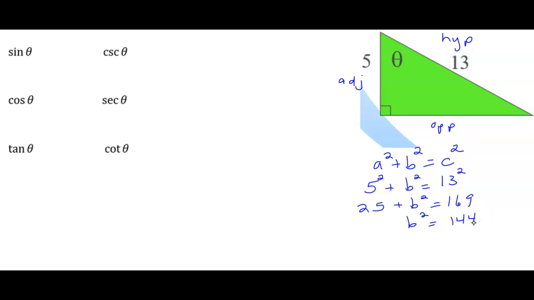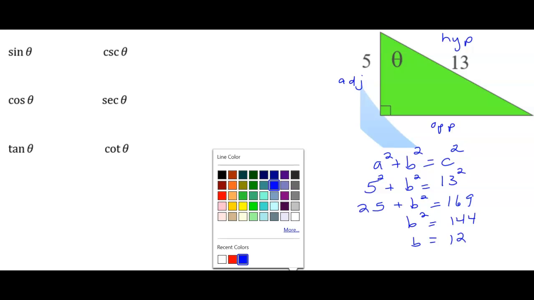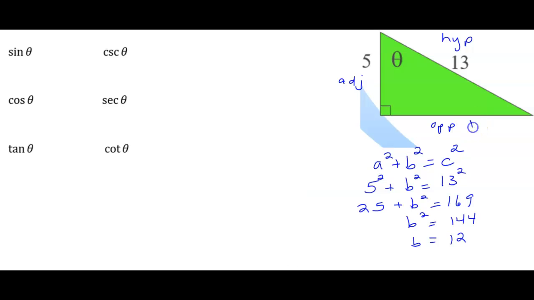And then you're just going to go ahead and take the square root of both sides. Since we're talking about a triangle, we're not going to use the negative value, of course. We're just going to use the positive. So b equals 12. So then my opposite side equals 12. So now I have all the information I need.